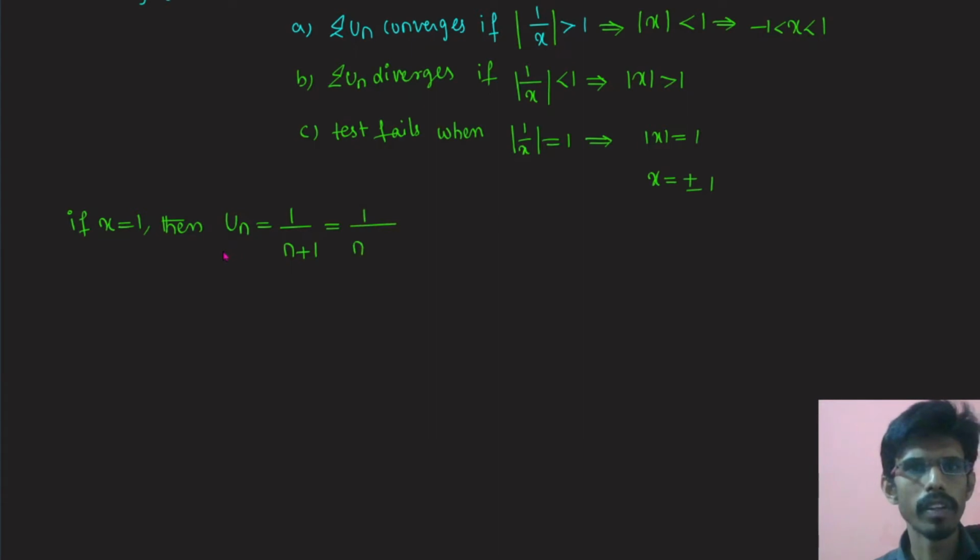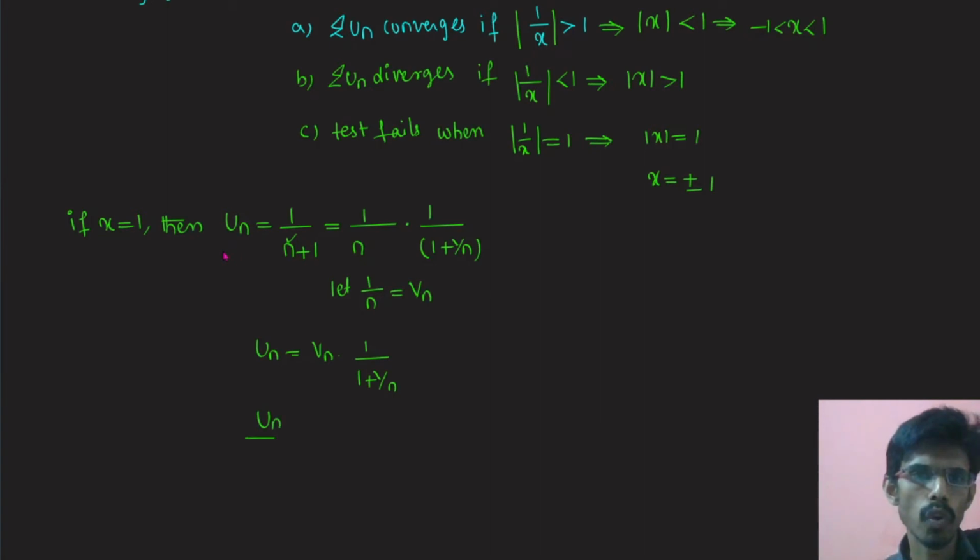Take n common, then we have 1 by 1 plus 1 by n. Now take this 1 by n as some vn. Now we have un is equal to vn into 1 by 1 plus 1 by n.